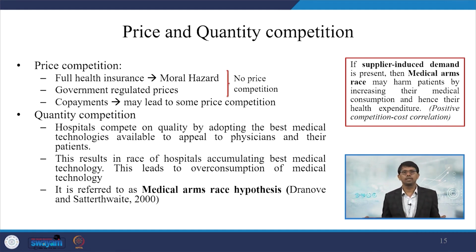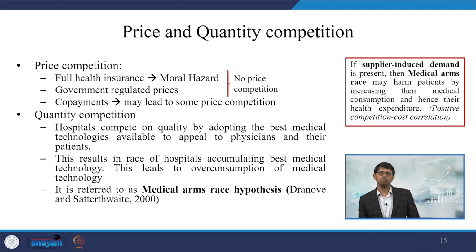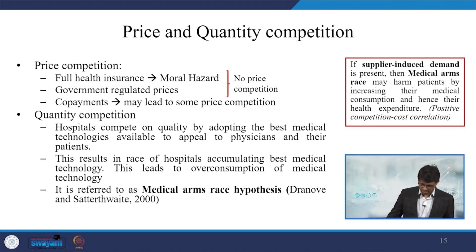Hospitals compete on quality by adopting the best medical technologies available to appeal to physicians and their patients. This has led hospitals to accumulate the best medical technologies to influence demand.